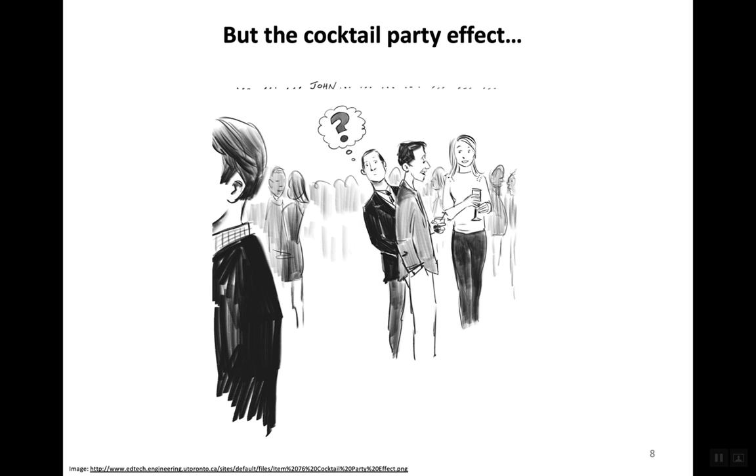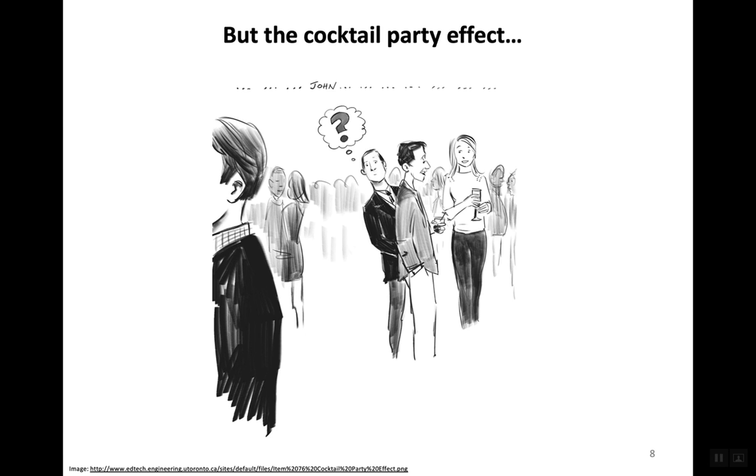Despite the fact that we are not paying attention by our own volition to that person on the other side of the room, when we hear our name called out, or any other piece of information that might be quite relevant to us, let's say the name of a family member, or, in case you happen to be a student in cognitive neuroscience, somebody mentioning something about cognitive neuroscience, that information does make it through eventually.